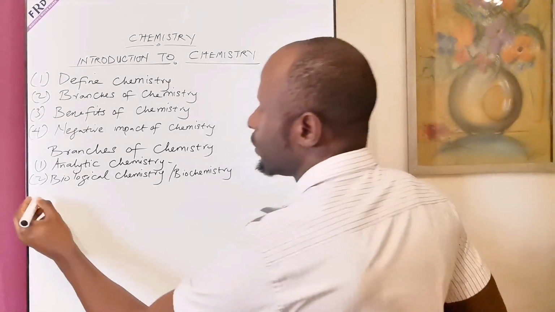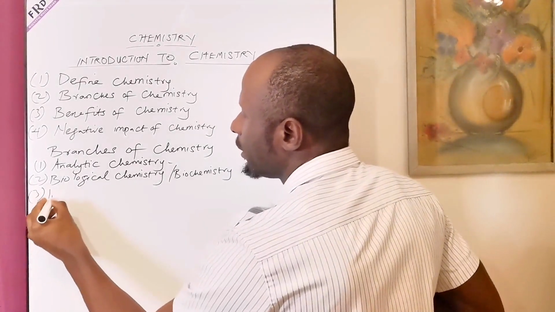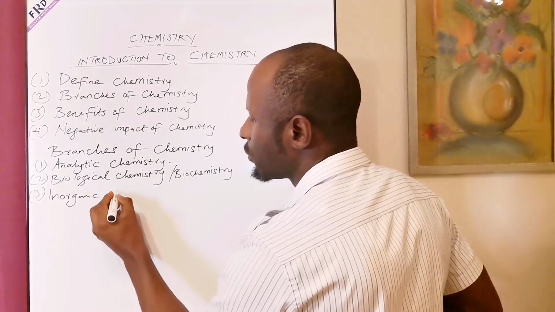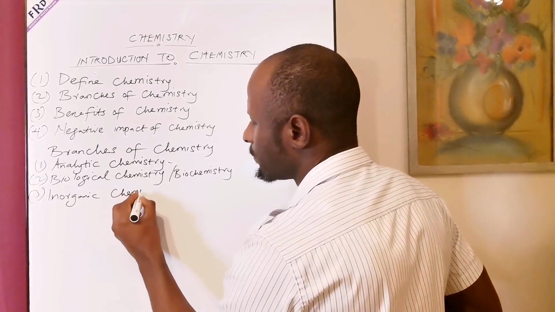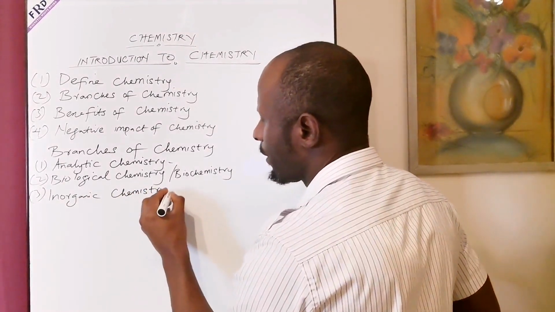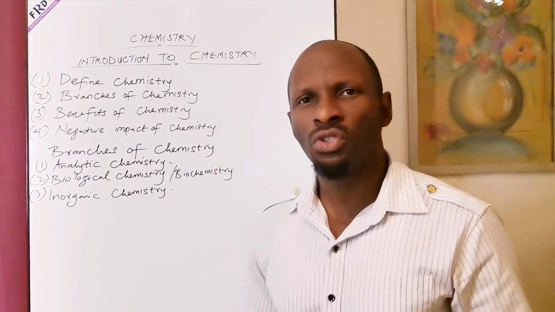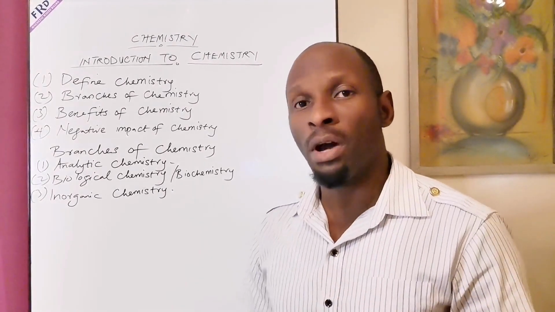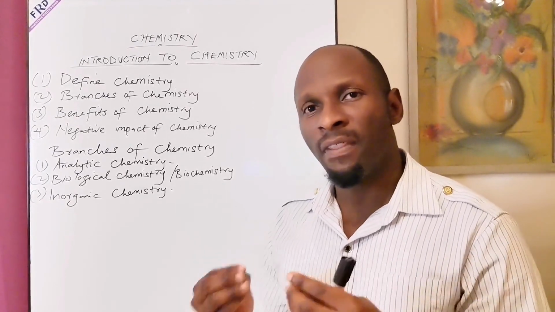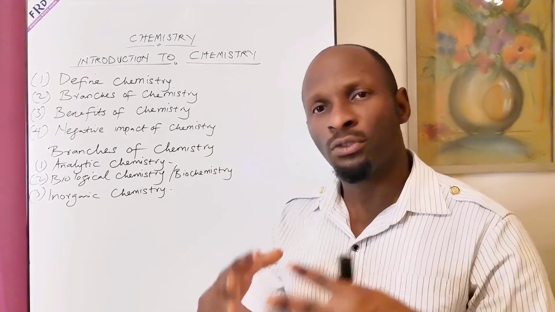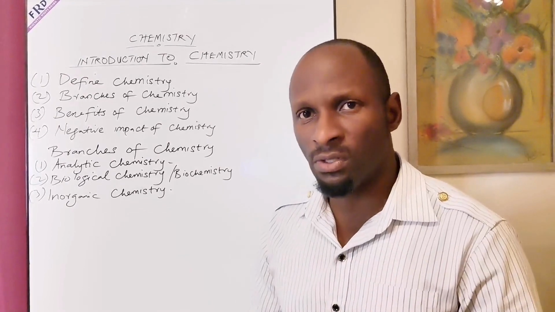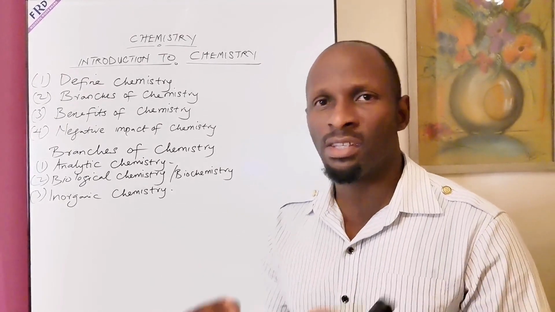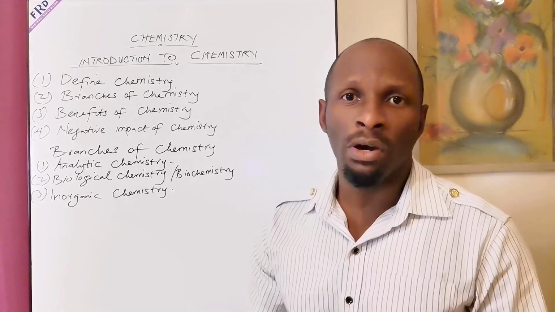Now, number 3, we have inorganic chemistry. Basically, inorganic chemistry is a chemistry that studies different compounds and the elements that come together to form these compounds. Inorganic chemistry looks at the structure of these elements and the compounds.